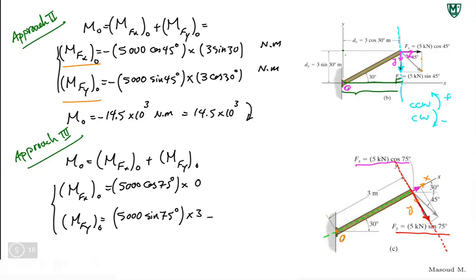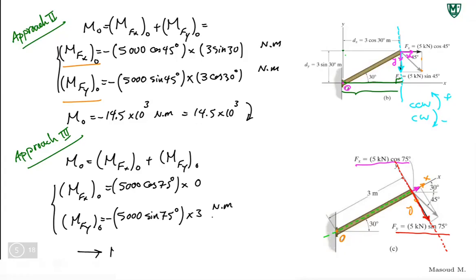Now, is it positive or negative? Negative? Negative, exactly. So this is negative. Let's just keep it here, Newton meter.